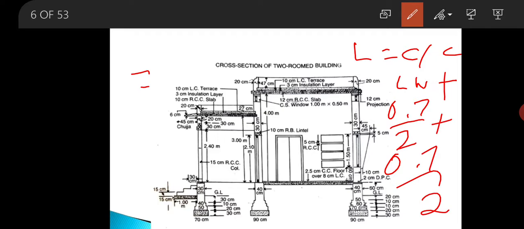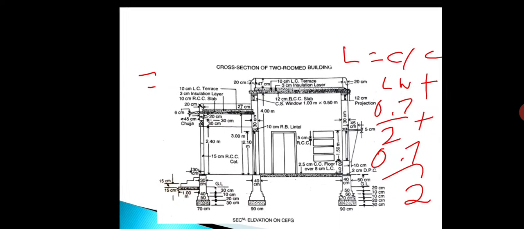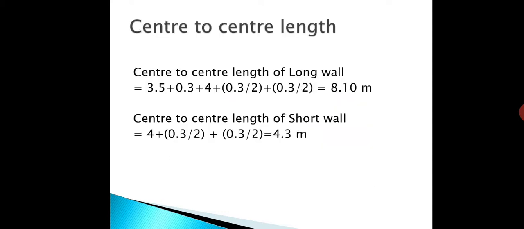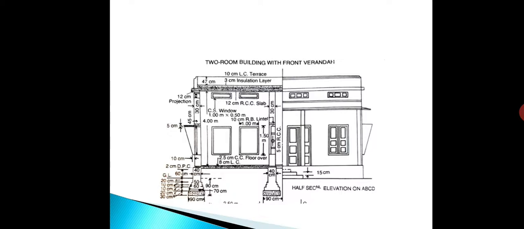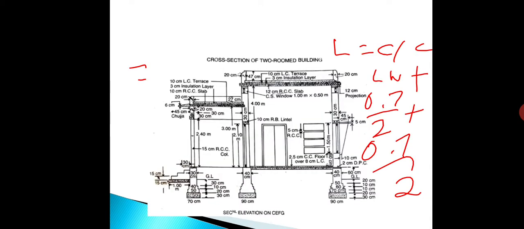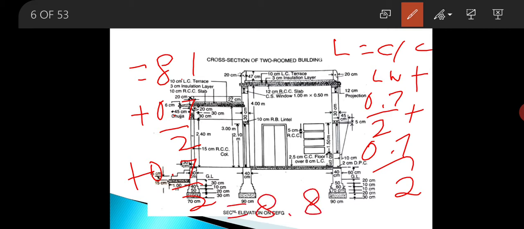The center to center length of long wall of room is 8.1. So with the center to center length of 8.1, we will add 0.7 by 2 plus 0.7 by 2. So this will give you the length, that is 8.8.